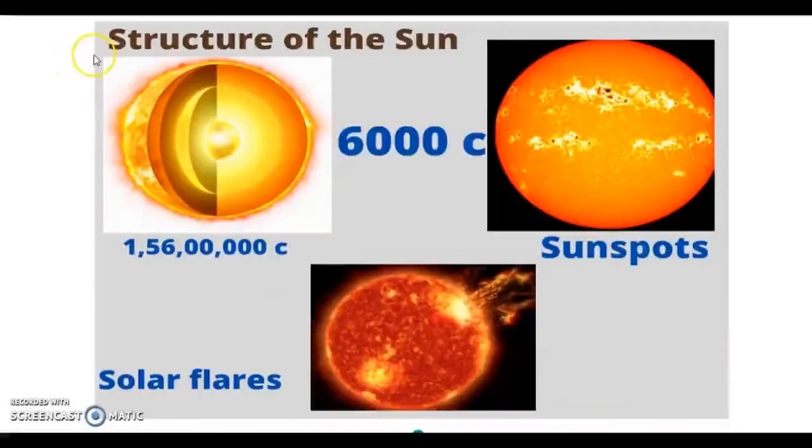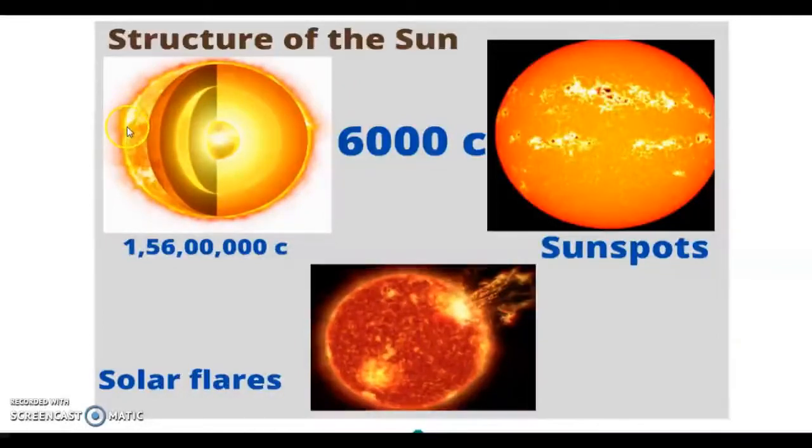Okay children, as you know, the sun is a hot ball of gases. What type of gases does it have? Yes, it has mostly two important gases. What are they?